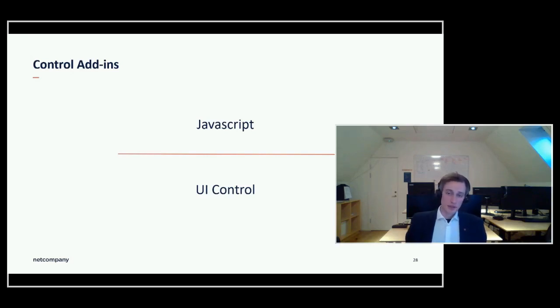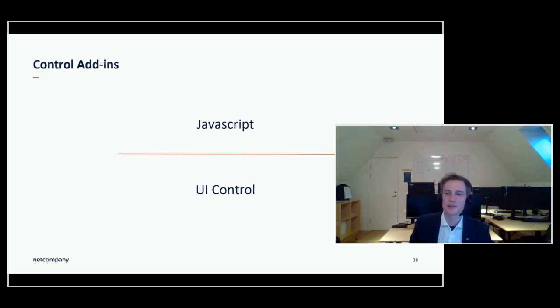Also, control add-ins really enable you to do web development in Business Central. It's using JavaScript, so you can use all the known frameworks like React and Angular and Vue, and use pretty cool tools like Gulp and Babel, things like that.